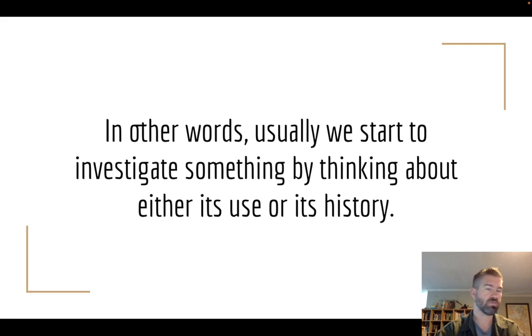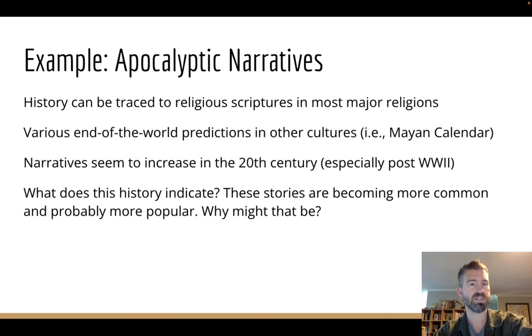If we're talking about artificial intelligence, we might start that introduction by thinking about how it can be used, if we want to focus on that part, or what the history of artificial intelligence is. So an example, I could say that apocalyptic narratives, I could provide a bunch of history for that, going back to religious scriptures and various end-of-the-world type things. And then I could ask, why is this?